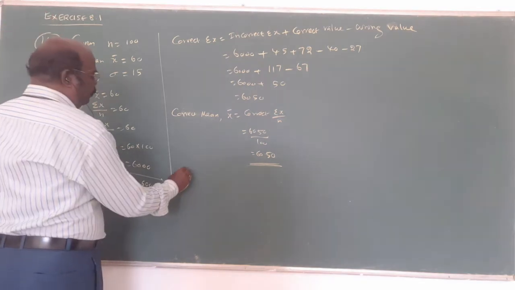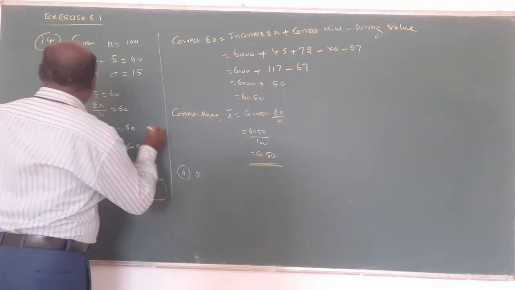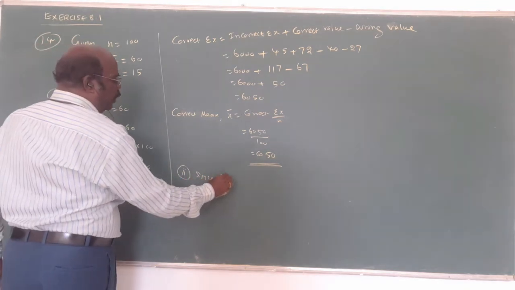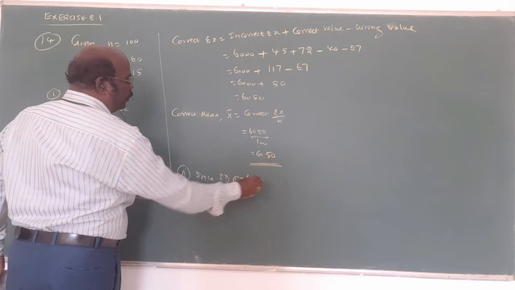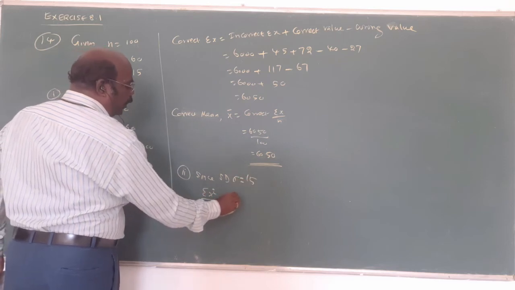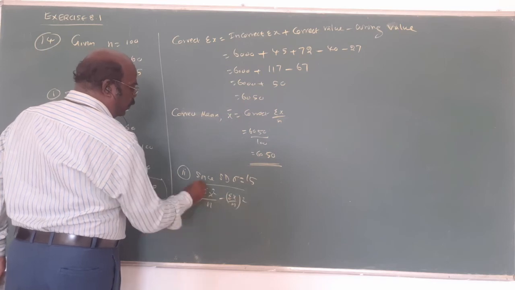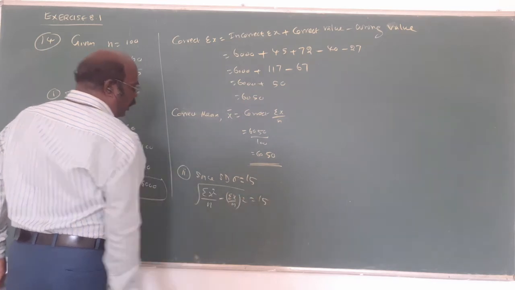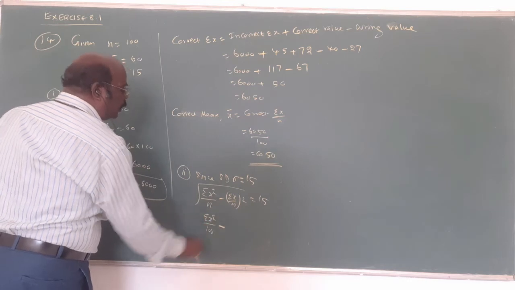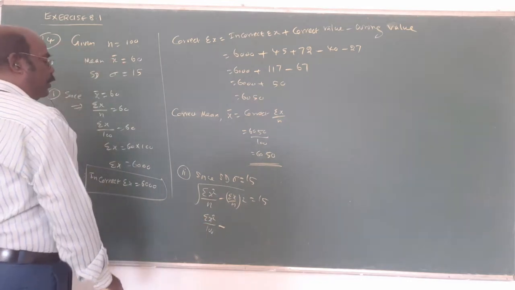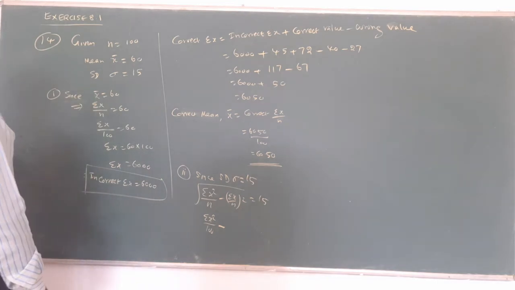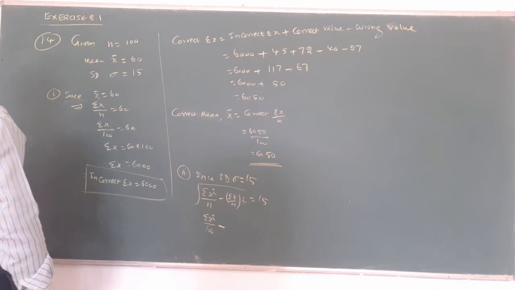Next subdivision. Since the standard deviation is 15, what is the formula? Sigma x square by n minus sigma x by n whole square is the formula for standard deviation. Now squaring, sigma x square by n is 100. Sigma x by n, the mean, is 60.